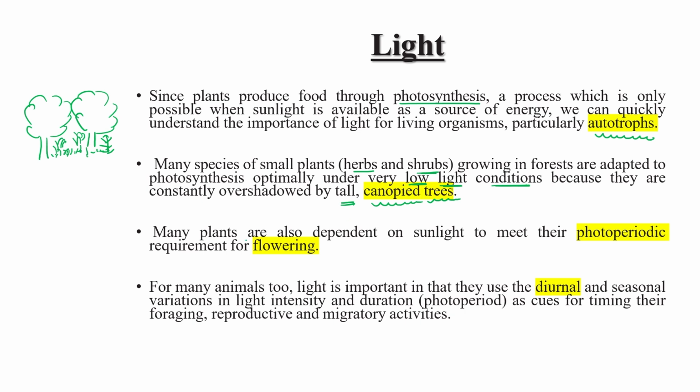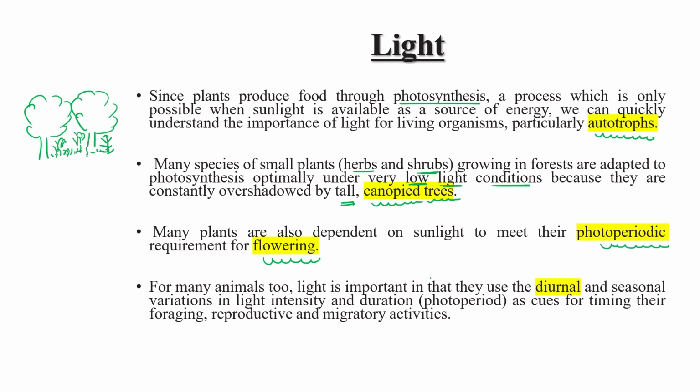Many plants also depend on sunlight to meet their photoperiodic requirement for flowering. Some plants are able to bloom only if they are in an area where more than 8 hours of sunlight is available.